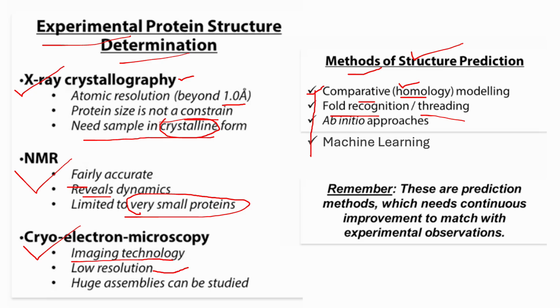When we can't find any similarity for that protein, it may still adopt a structure similar to known folds, which we can find in the database. A popular threading tool is I-TASSER, while for comparative or homology modeling, Swiss-Model and Modeller are very popular. And for fold recognition, as I told you, I-TASSER is very popular.